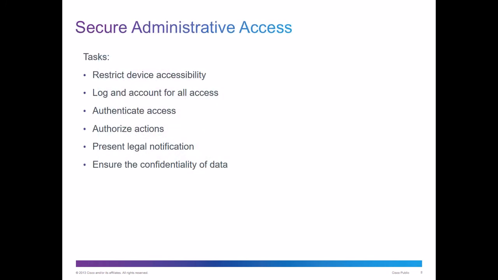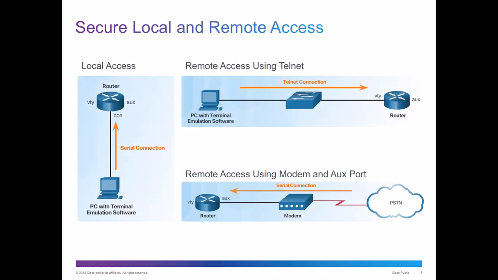All right, so let's talk about securing the administrative access, limiting the access to the device itself on how to configure the router or the switch, of course, in this case. Okay, so for the very first time, when you have a device such as a router and you need to connect to it, you have to connect to it through the console port or the auxiliary port if you have a modem on your PC. So you use the console port when you go through the 9-pin serial port on the back of your PC.